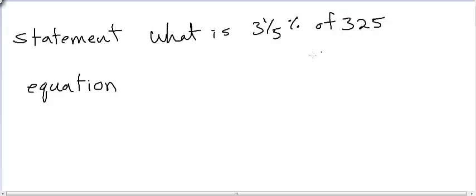So 300, there we go, 25. I said what is interpreted as what number, or is the same, so I change that to my variable, I'll call it x. Is an equal sign. Now to change this into a percent, first let me change 3 1/5 into a decimal form.